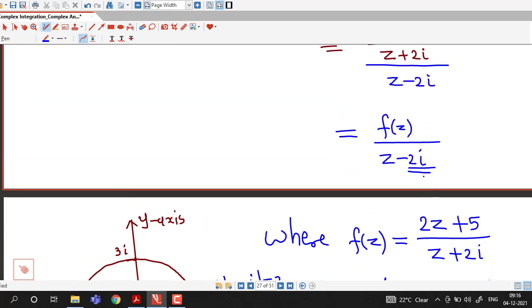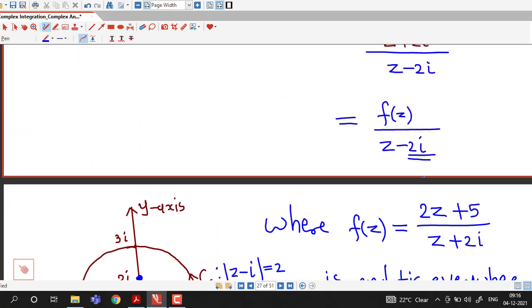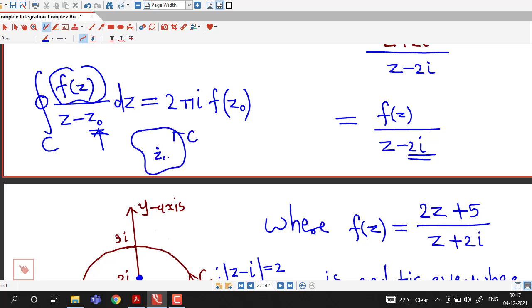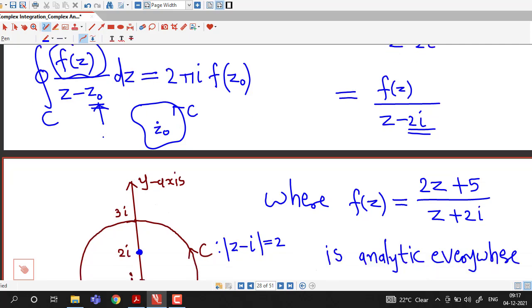So we can see the hypothesis of the Cauchy integral formula is satisfied. The Cauchy integral formula says that if the function f(z) is analytic everywhere inside and on a simple closed contour, and if the point z0 lies inside that contour, then the value of this integral along the simple closed contour is given by 2πi times the value of the function at the point z0, that is 2πi times f(z0).